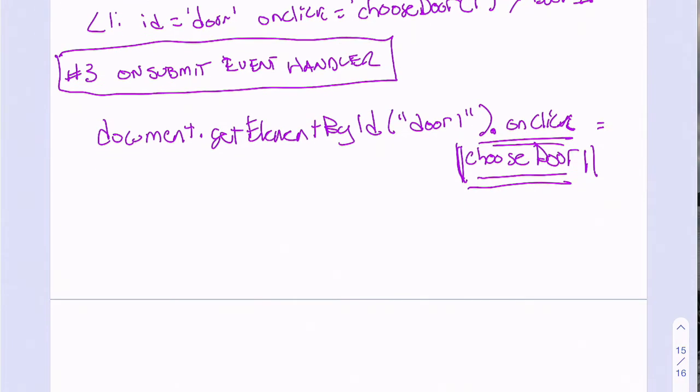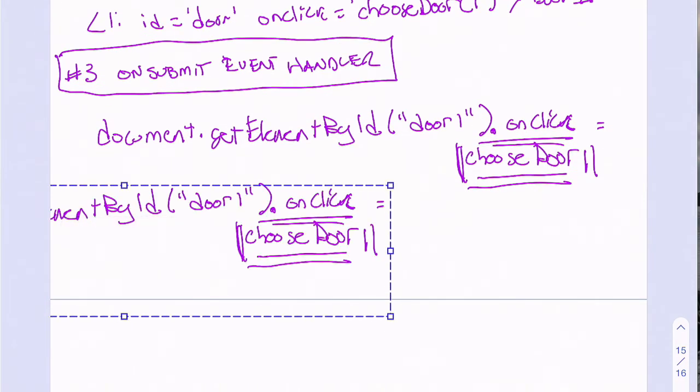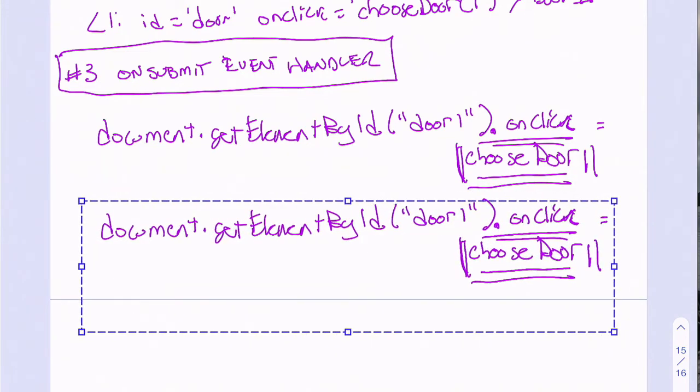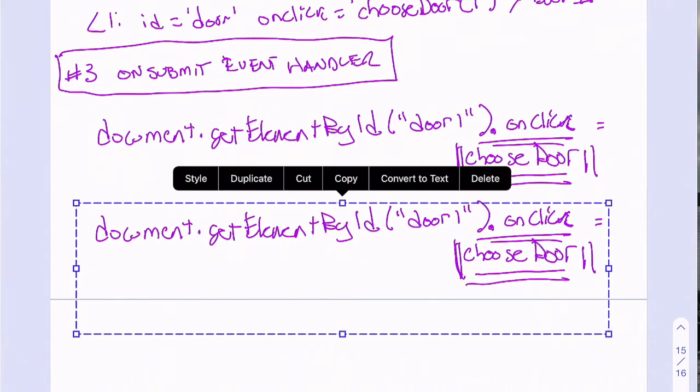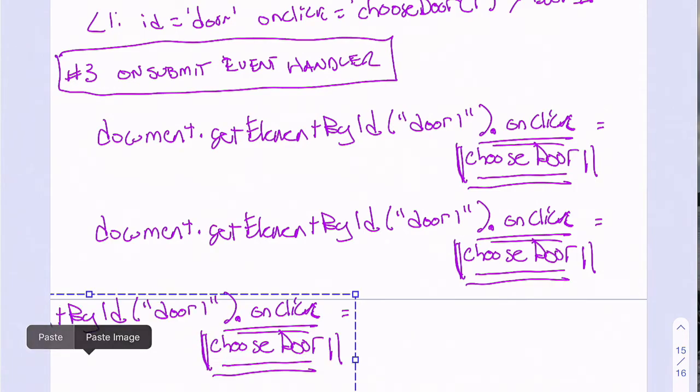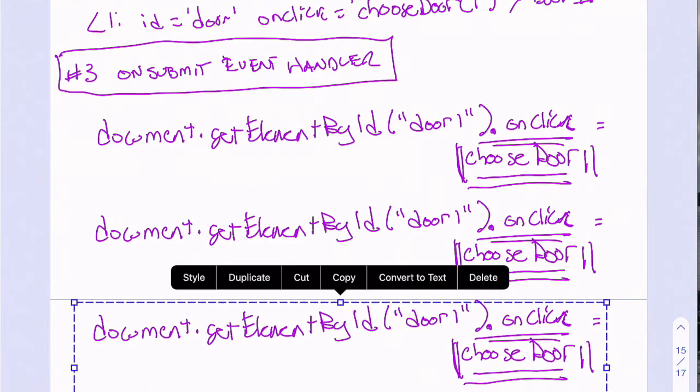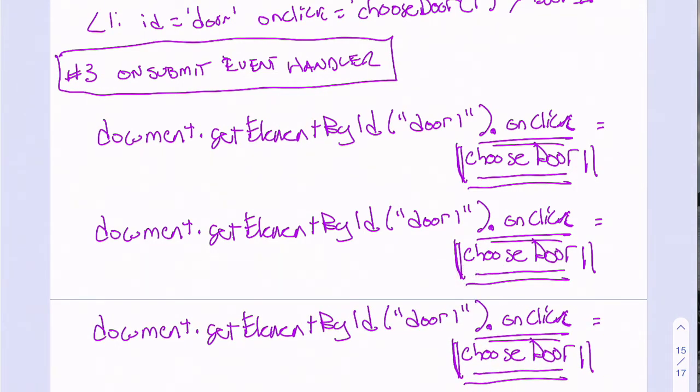So I'm just going to repeat this for the other event handlers. I'm going to have three of these, and I'm going to have choose door 2 and choose door 3. All right, so each one of those I'm registering.